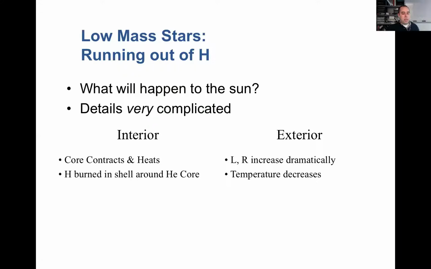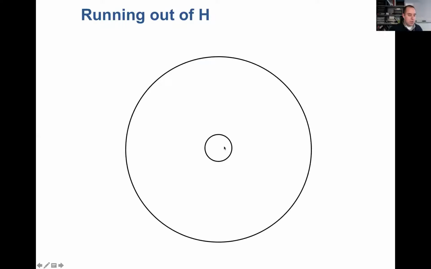But we can distill that down into a couple of different things. One that happens to the interior of the star and one that happens to the exterior of the star. The details, again, are very complicated, but the basics are this. The core contracts and heats. Hydrogen is still burned in the shell. Luminosity, we'll talk about the exterior in a minute. But first I want to basically go to this diagram, running out of hydrogen, and think about what actually happens in the star.